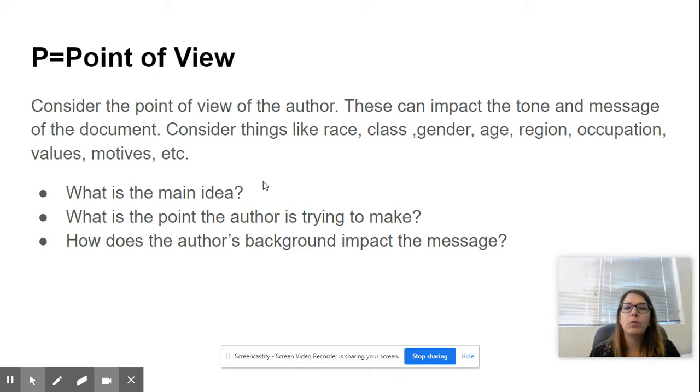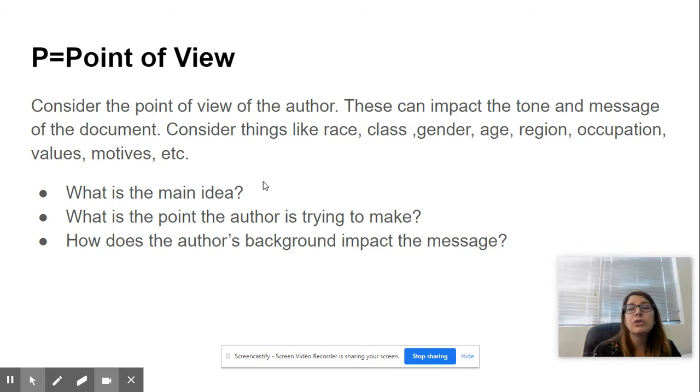particularly region, right? Which you don't think about as much. But all the way till the Civil War, we have to think, was this person from the North or are they from the South, right? It is going to color the way that they look at things. And you do definitely need to say, how does the author's background impact the message?